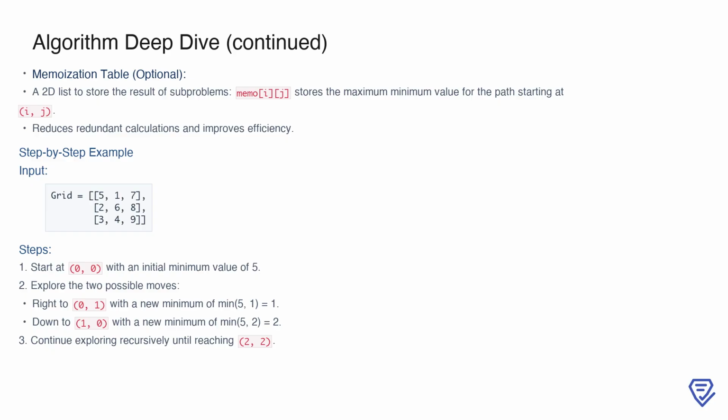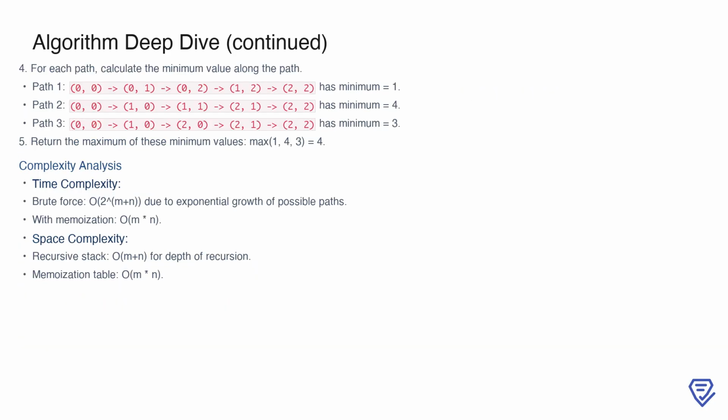By keeping track of the minimum value encountered along each path, we can evaluate the quality of the path as we go. At the end of the recursive exploration, we calculate the minimum value for each path. For instance, in our example grid, one possible path is (0,0), (0,1), (0,2), (1,2), (2,2), which has a minimum value of 1.